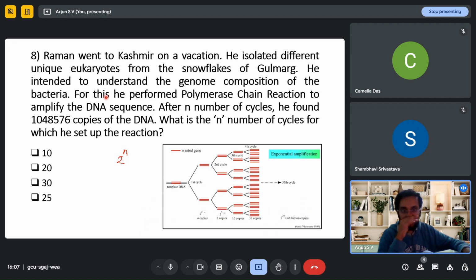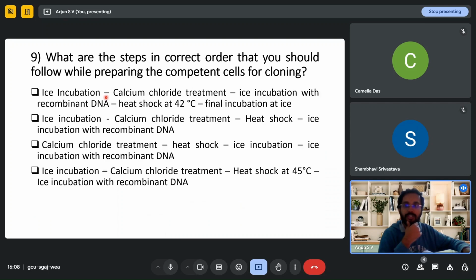Question number 8 was also pretty straightforward. They are given the number of copies of the DNA, and using that we just need to find the number of cycles of PCR. Using the formula 2 power n, we can find out that the correct answer is 20, option B. Question number 9.